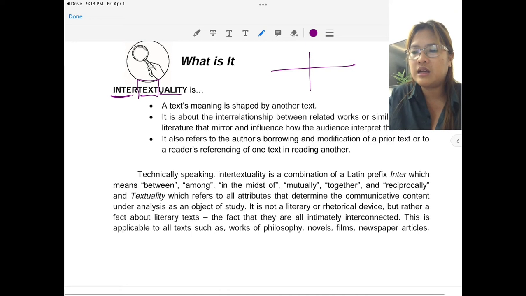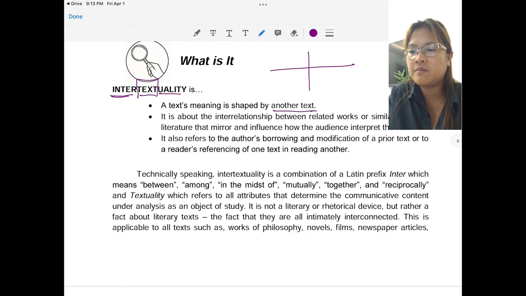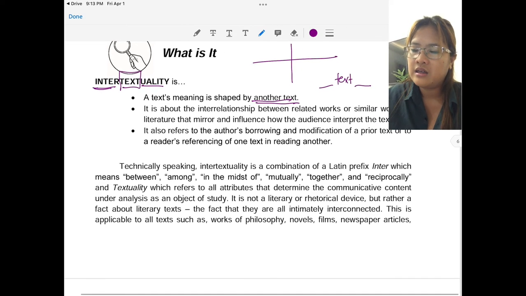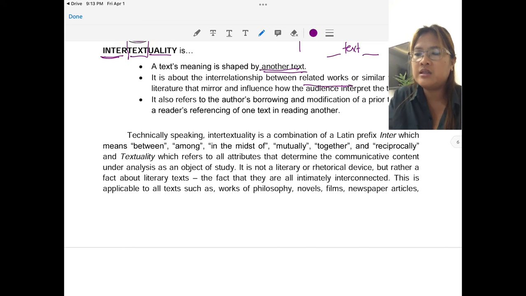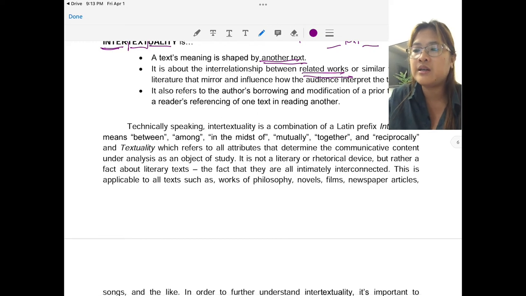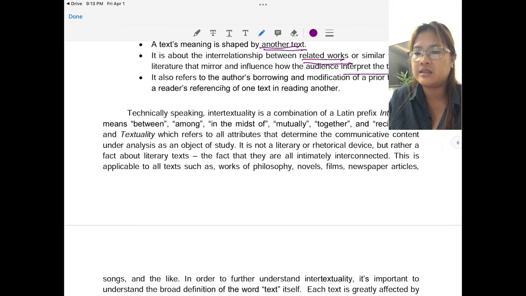It means a text's meaning is shaped by another text. Nasa loob ng isa pang text. It's inside another text. So it is about the interrelationship between related works or similar works of literature that mirror and influence how the audience interprets the text.